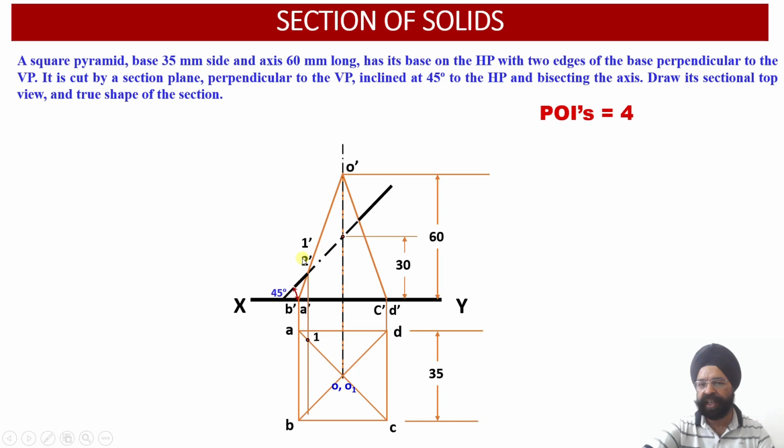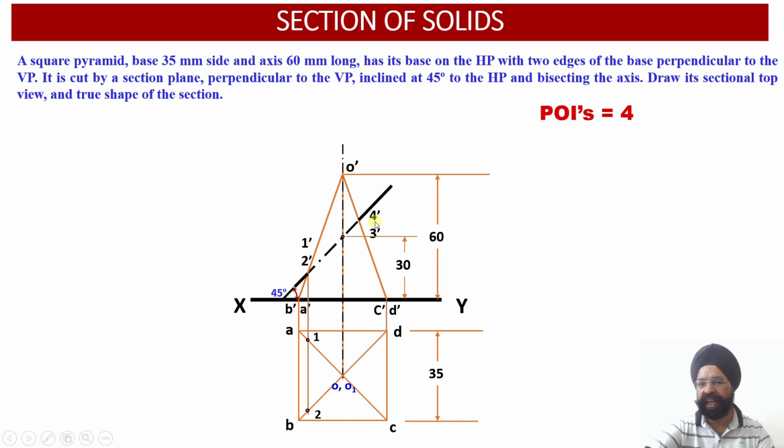Similarly, 2 dash is the point of intersection of the cutting plane with the slant edge O dash B dash. So once again I draw the vertical projector through 2 dash, and wherever it meets the top view of the projector for this slant edge, that is OB, I get the location of point 2.